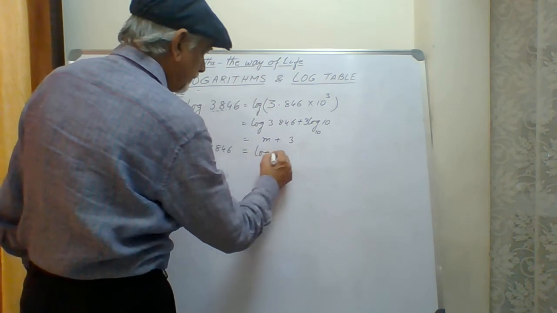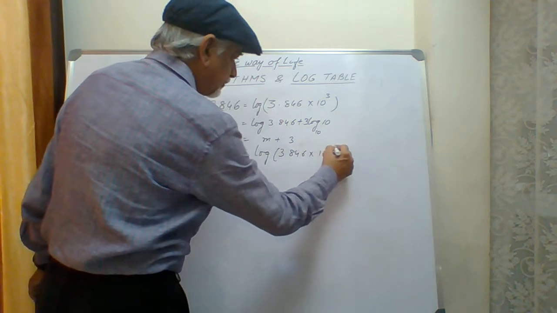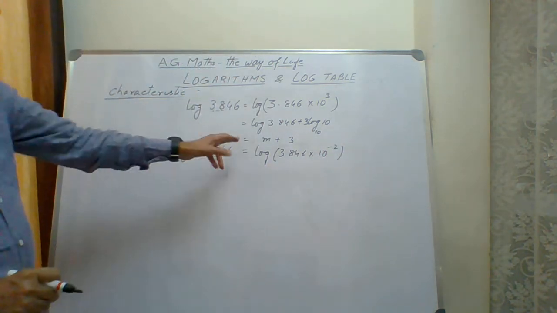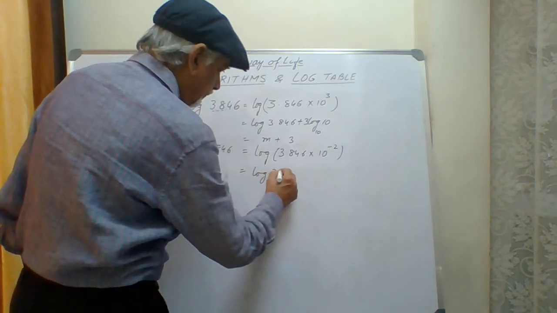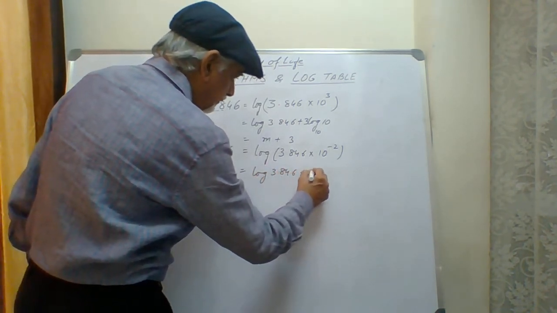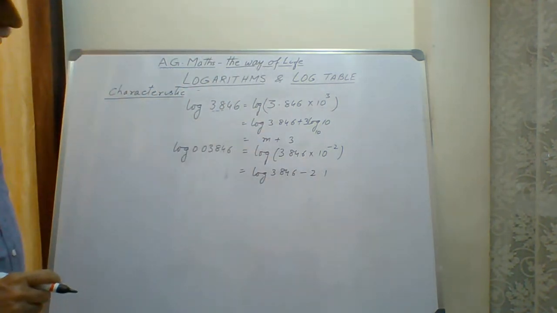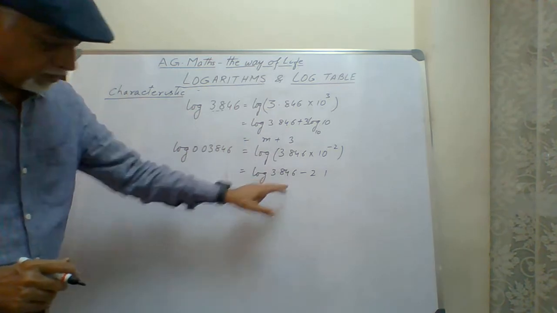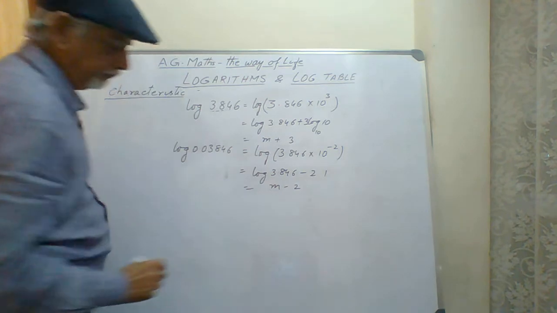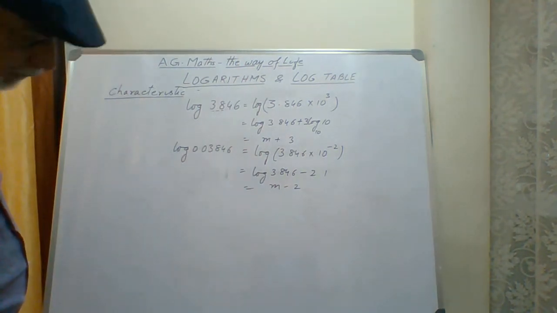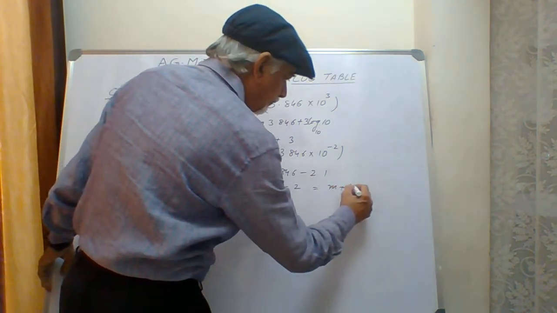Writing it by the product rule, it becomes log of 3.846 minus 2 into 1, since log 10 to the base 10 is 1. So this is minus 2 and log of something, which was already m. So I say m minus 2.